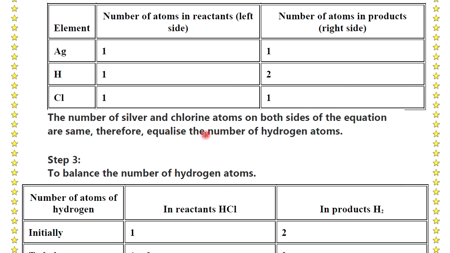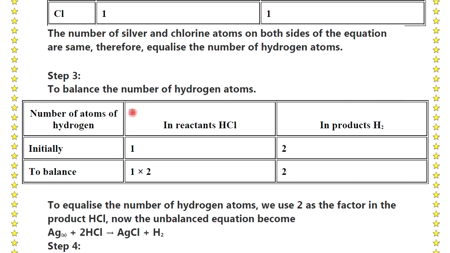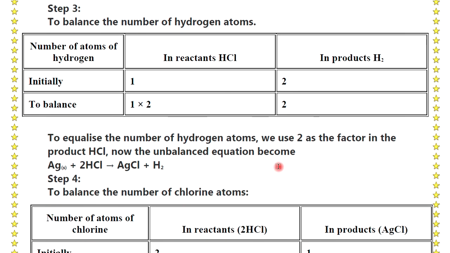The number of silver and chlorine atoms on both sides of the equation are the same, therefore equalize the number of hydrogen atoms. Step 3, to balance the number of hydrogen atoms. The number of hydrogen atoms is initially 1 in the reactant HCl and 2 in the product H2. To balance them, multiply 1 by 2 and 2 by 1. 1 into 2 is 2, and in the product it is 2.